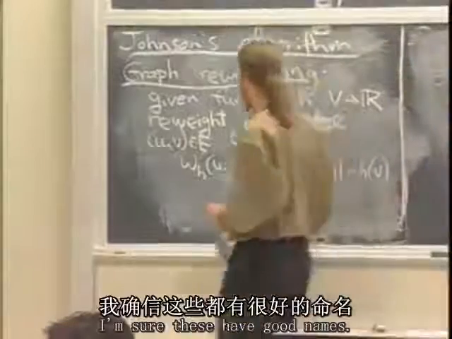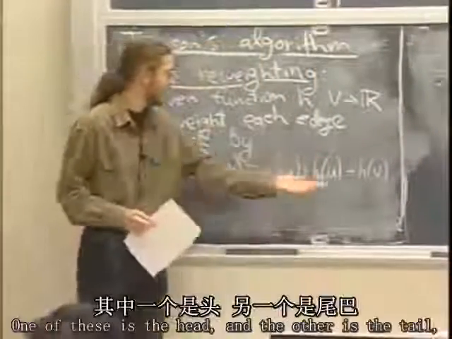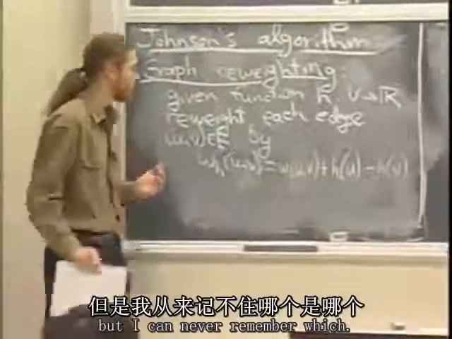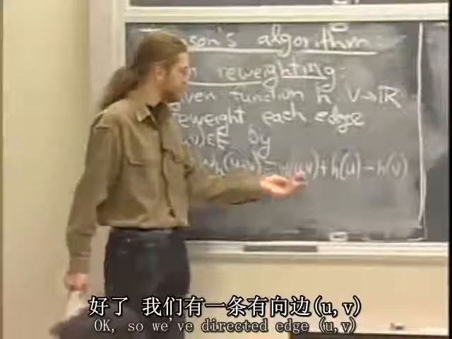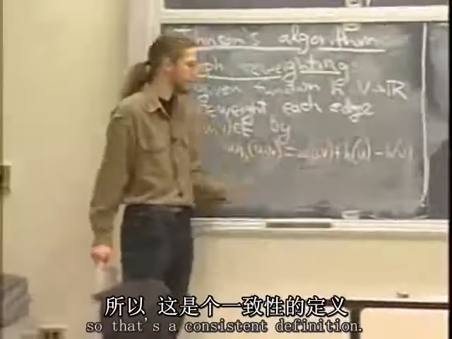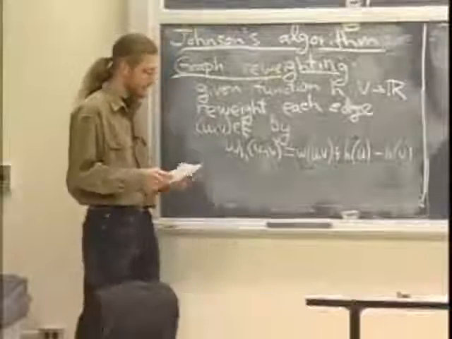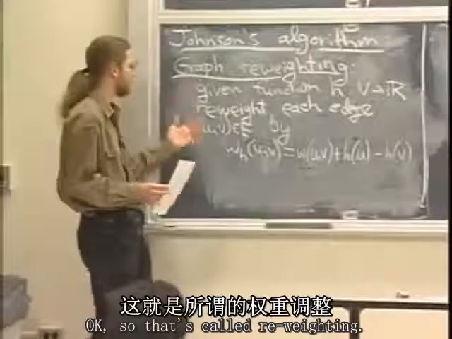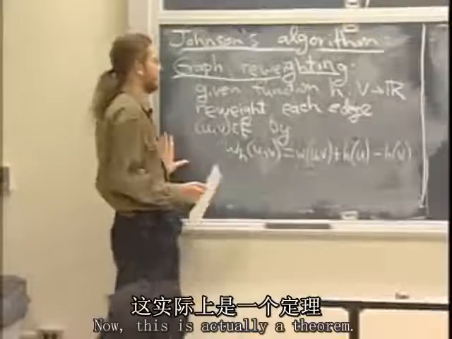I'm sure these have good names. One of these is the head and the other is the tail, but I can never remember which. Okay, so we have a directed edge uv, just add one of them, subtract the other. And it's a directed edge, so that's a consistent definition. So that's called reweighting. Now, this is actually a theorem.